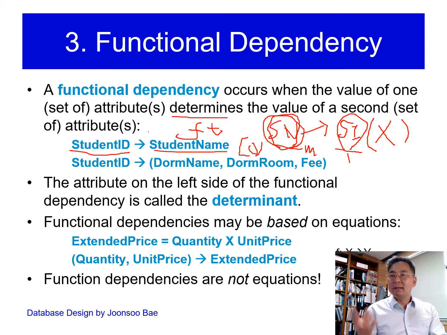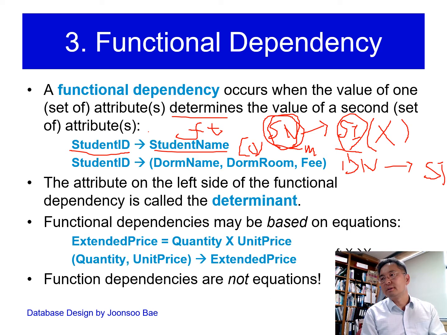Do you think the reverse is a function or not? Dormitory name will determine student ID. Can you answer it? One dormitory can have many students residing in it, so it is a many-to-one mapping.